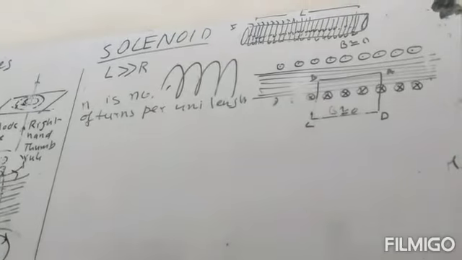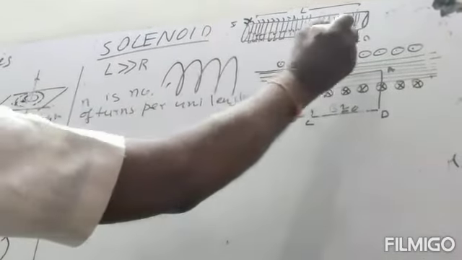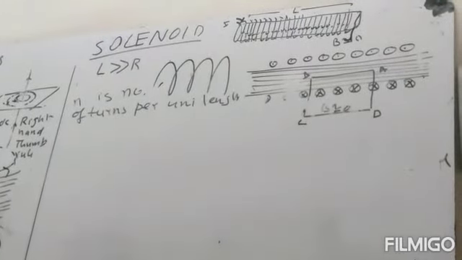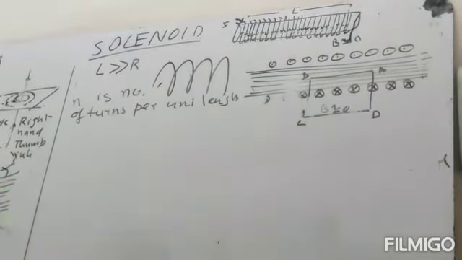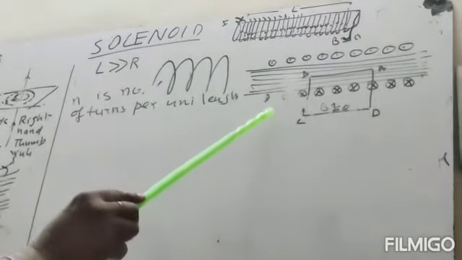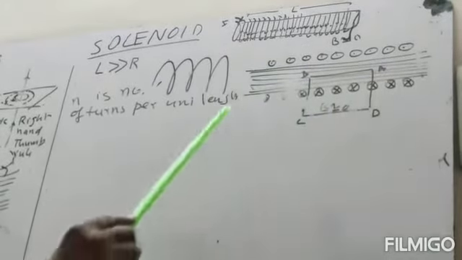Now, if we have this n and we pass the current, then we can show the magnetic field lines. This is the turn which is coming outside, this is the turn which is going inside. So these different turns are given.